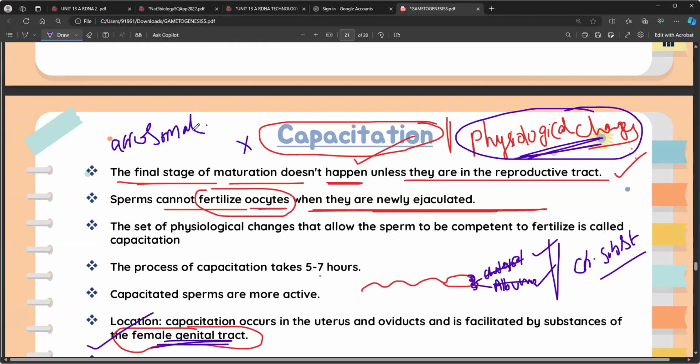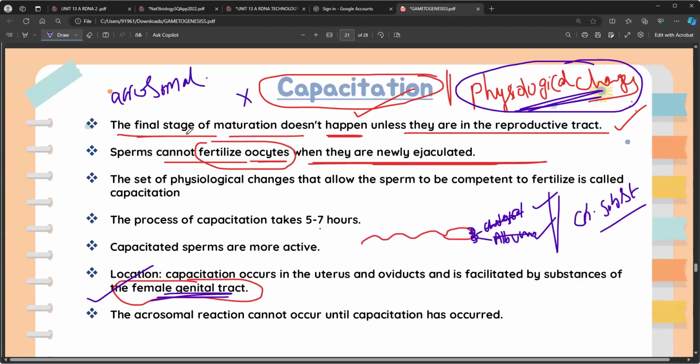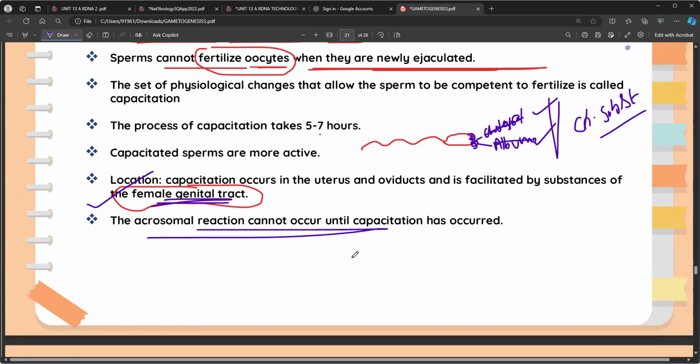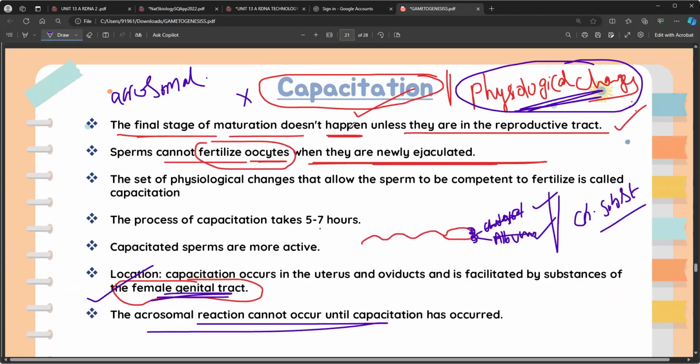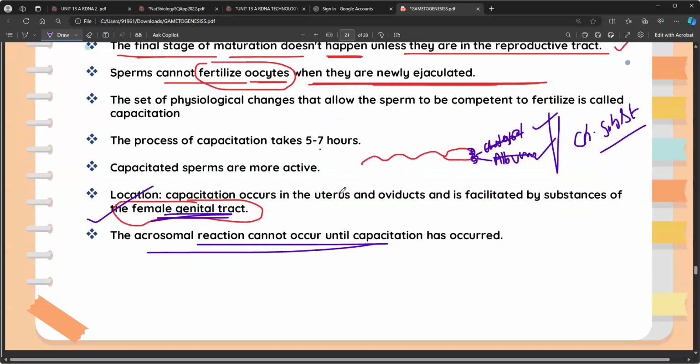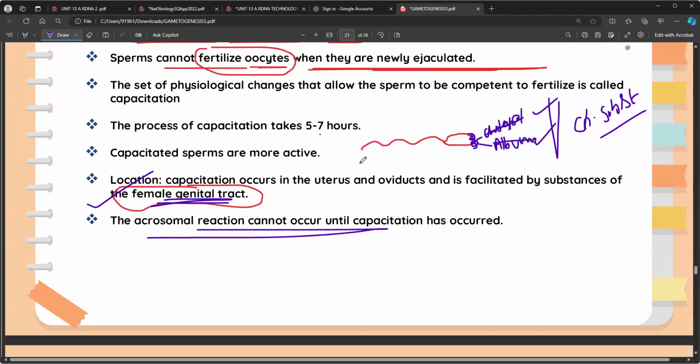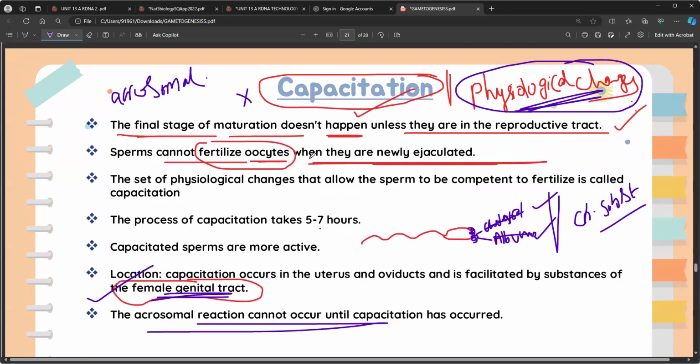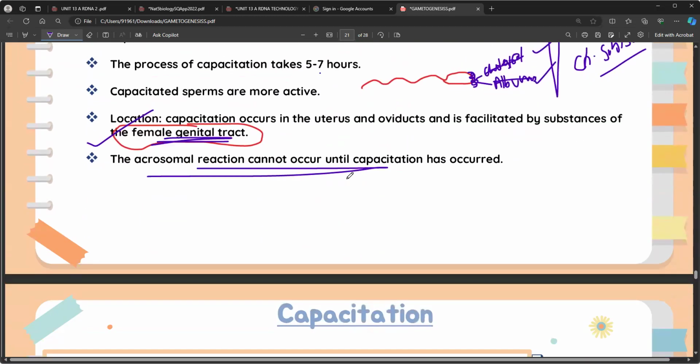The hydrolytic enzymes are released from the acrosome and start digesting the outer layer of the egg cell. But if that reaction is not taking place, it indicates that the process of capacitation is not completed. That is the difference by which we can compare whether the sperm has undergone capacitation or not.